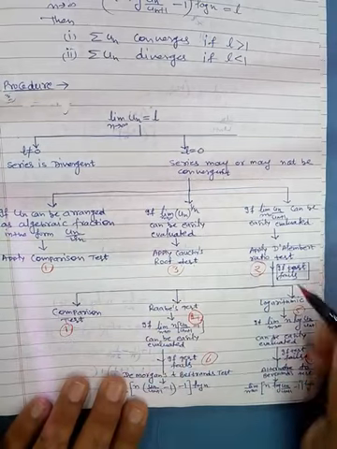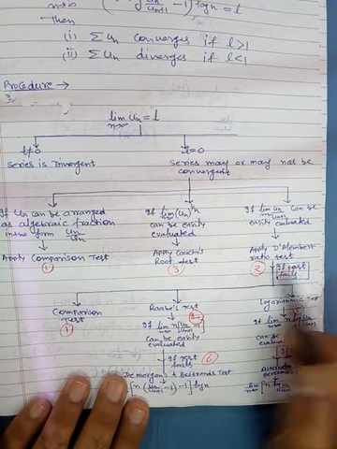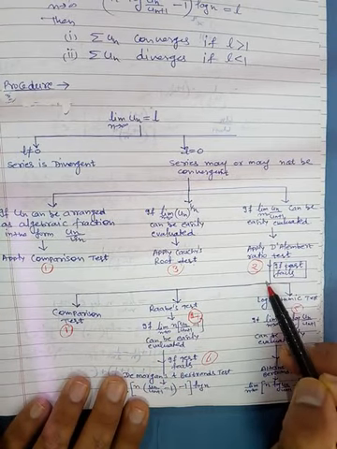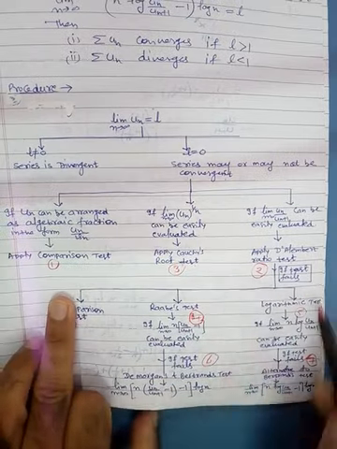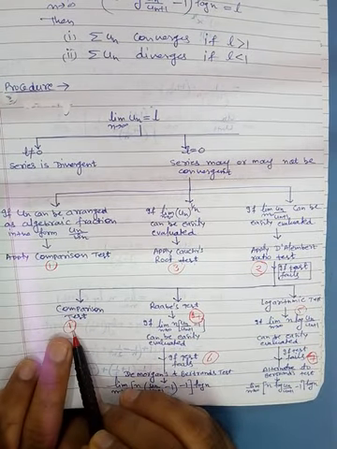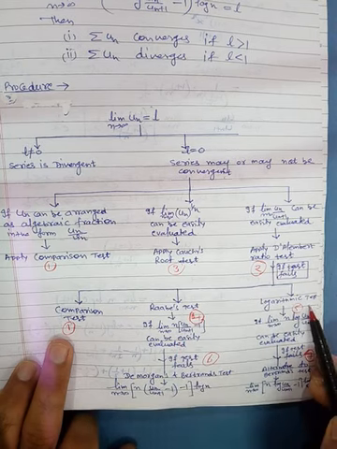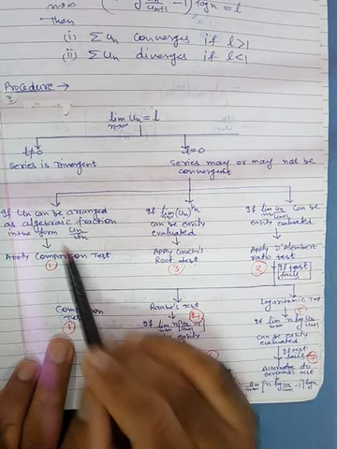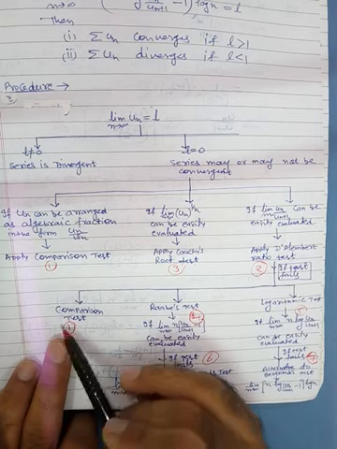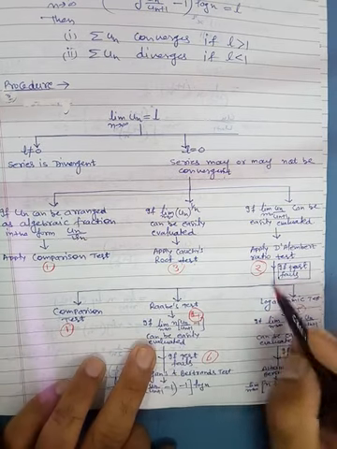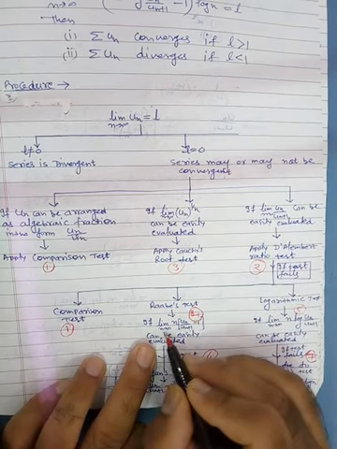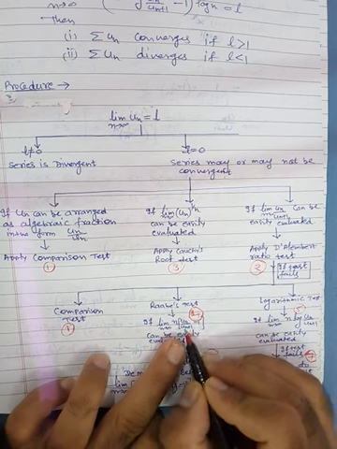Fine. Now if this D'Alembert ratio test fails, then again we have 3 options: the comparison test, Raabe's test, and the logarithmic test. Comparison test means the un by vn form. Raabe's test means limit n tending to infinity n times un by un plus 1 minus 1.